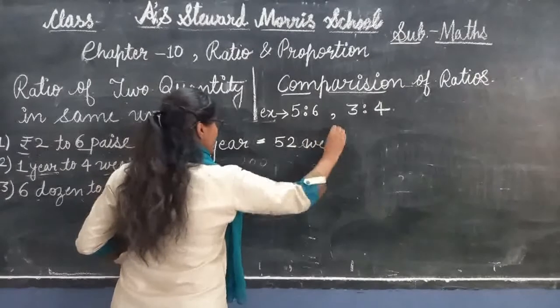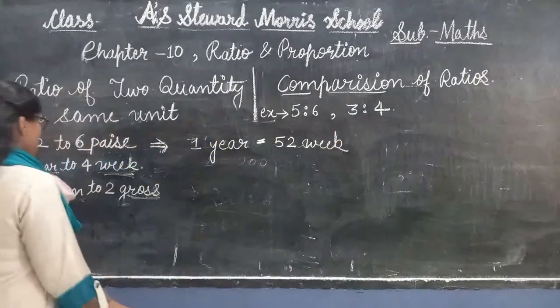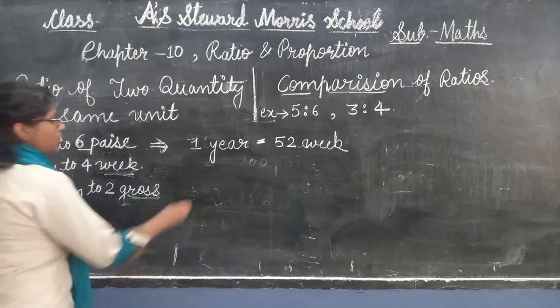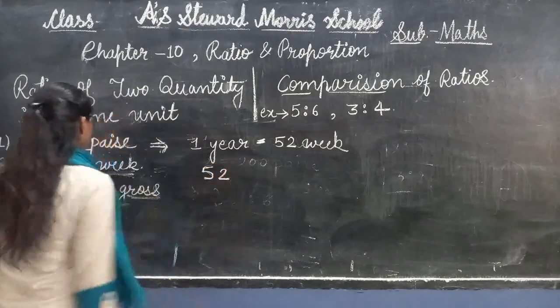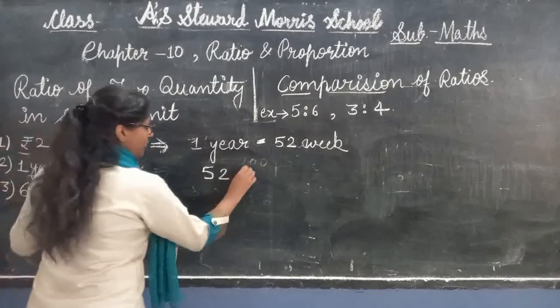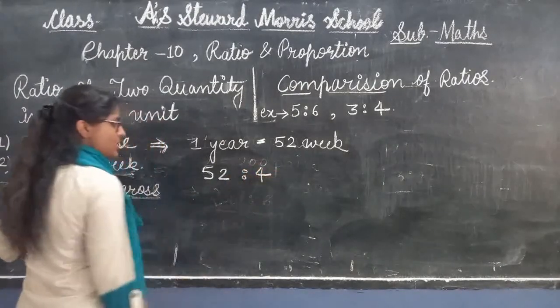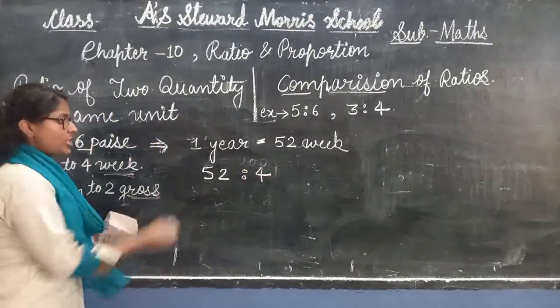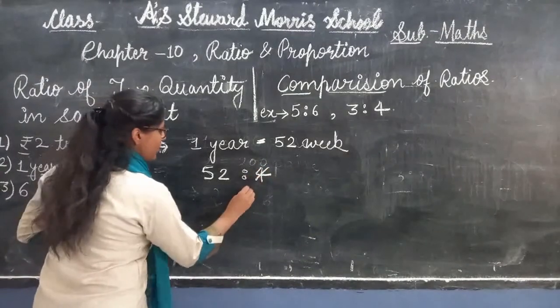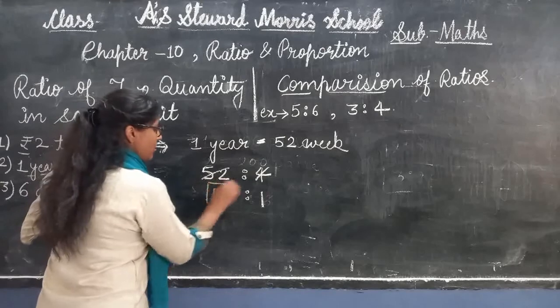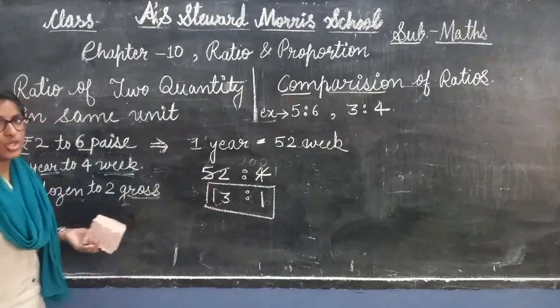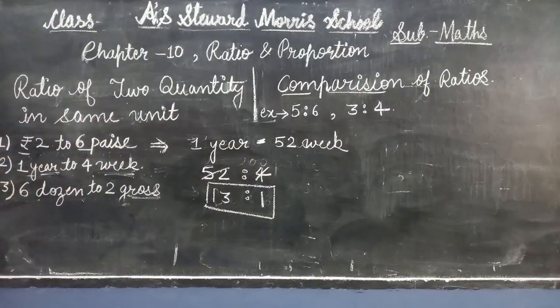So in place of 1 year you can write 52, and in place of 4 weeks, 4. So this is the ratio. We need to simplify it: 4 ones are 4, and 4 thirteens are 52. So 13 is to 1 is the ratio of 1 year to 4 weeks.